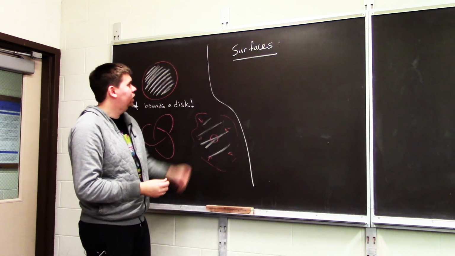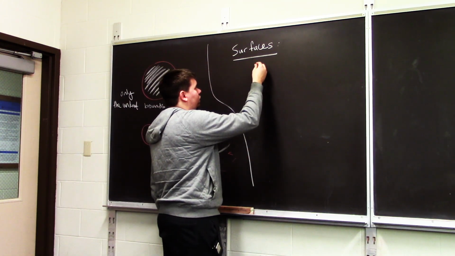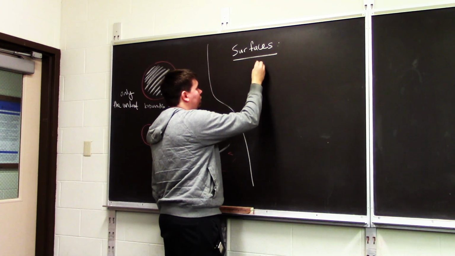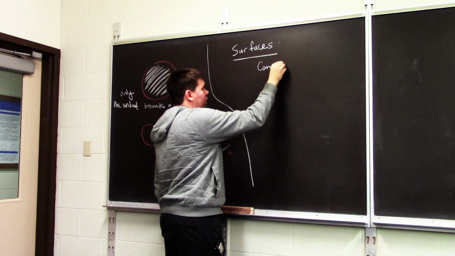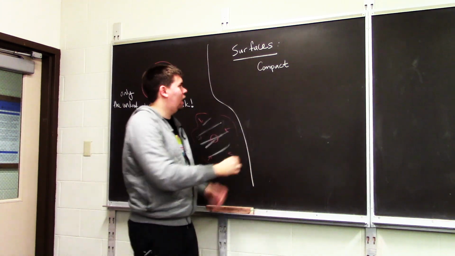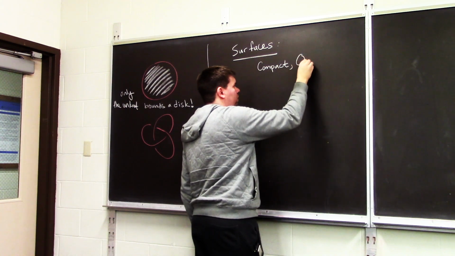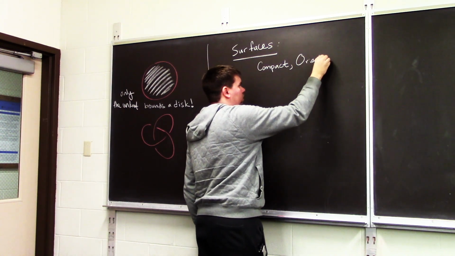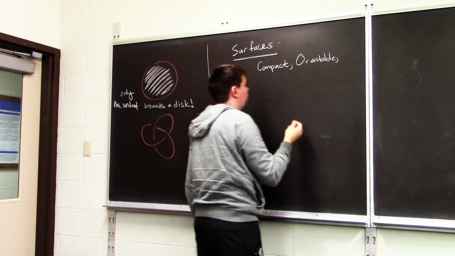In particular, I'm going to limit my attention to surfaces that are closed. That means that they're compact. They don't go on forever. So they're not like the plane that goes on forever. It's compact. We'll limit ourselves to surfaces that are orientable, and surfaces that are without boundary.